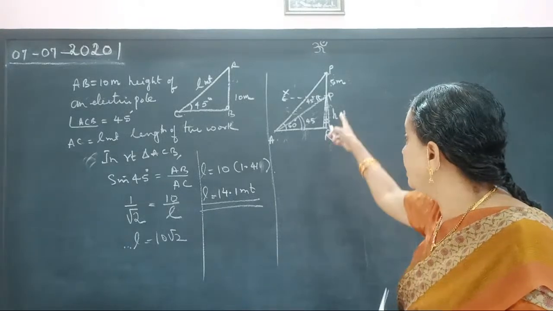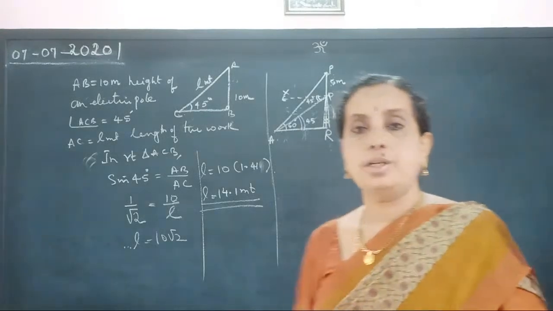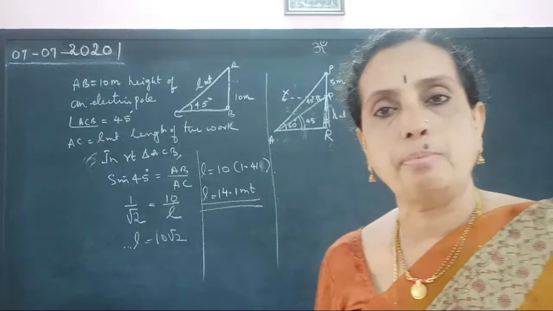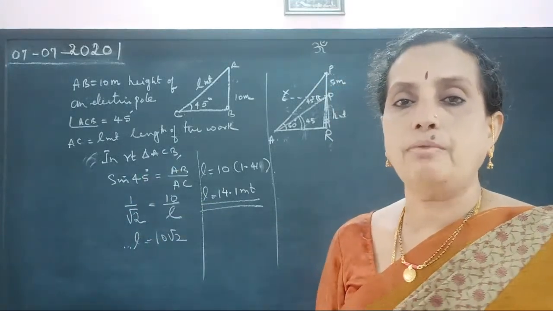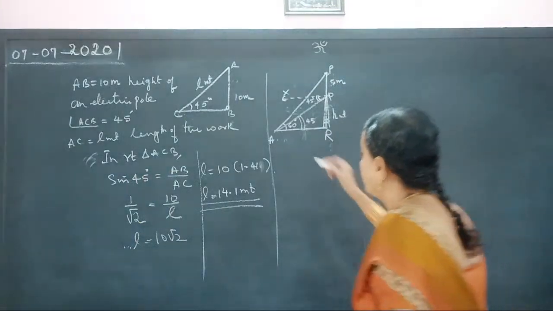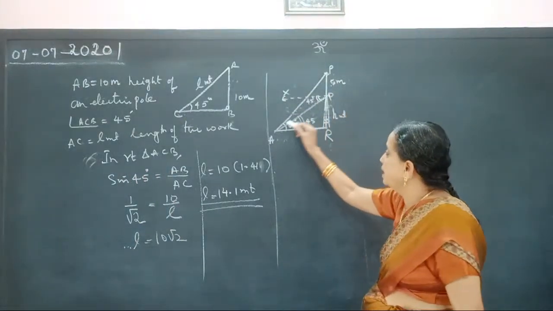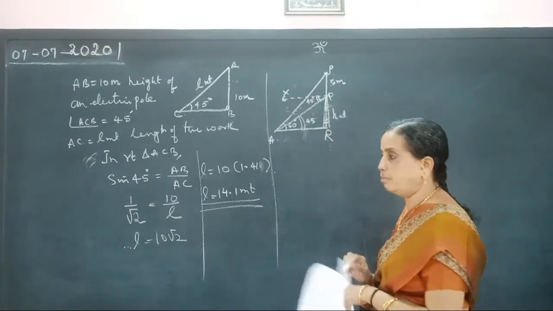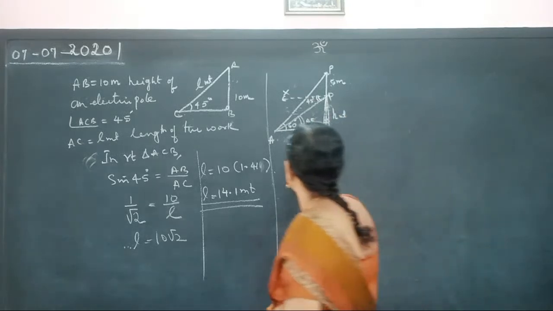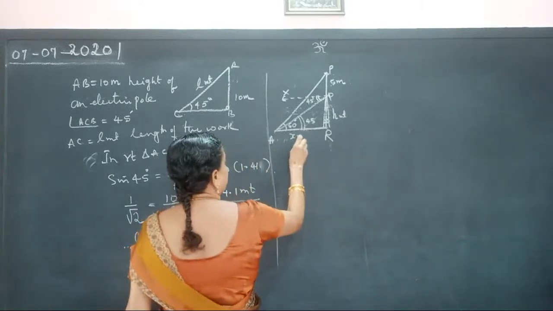So whenever it is depression, we consider its elevation from the base. But while mentioning the depression, we have to show a horizontal line which makes elevation in the bottom. Get the figure properly and consider AR is x meter.